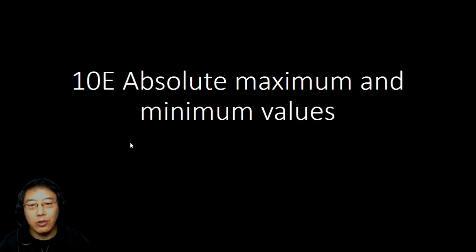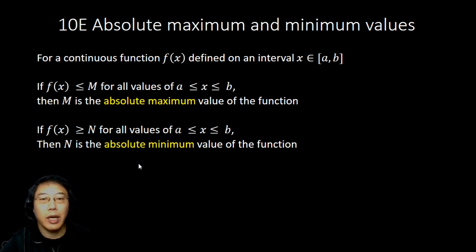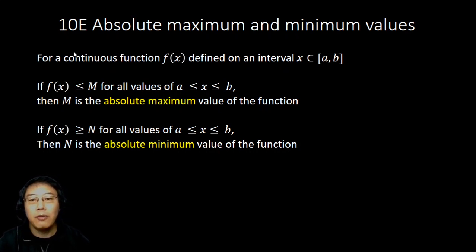So here let's continue with some of the skills related to differentiation. When we look at absolute maximum and minimum values, a little bit of the definition that we need to set first. For a continuous function f defined on an interval x is an element from A to B, if f of x is less than or equal to a fixed amount M for all of that interval, for the domain of that function, then M is defined as the absolute maximum value for the function.